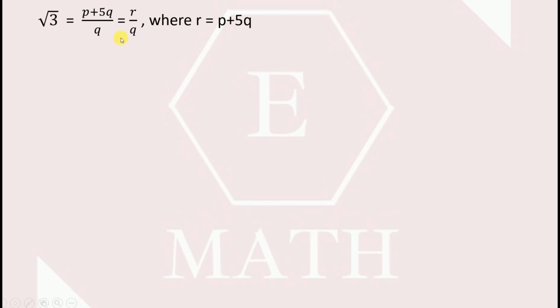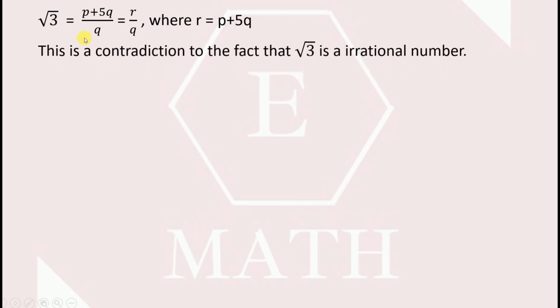In turn, it can be written as r by q, where r is equal to p plus 5q. So root 3 can be expressed in the form of a fraction. But we know it cannot be expressed as a fraction because root 3 is an irrational number. So this is a contradiction to the fact that root 3 is an irrational number.